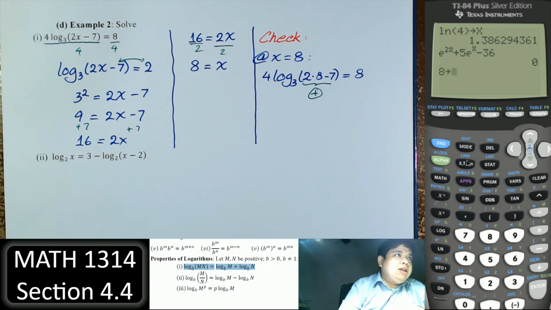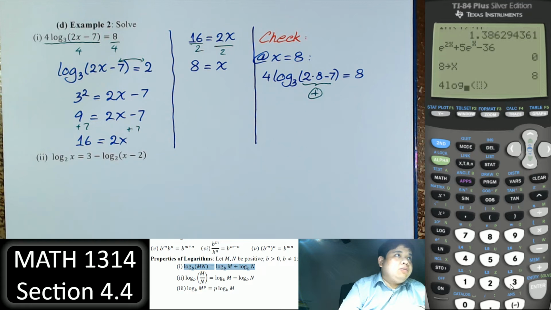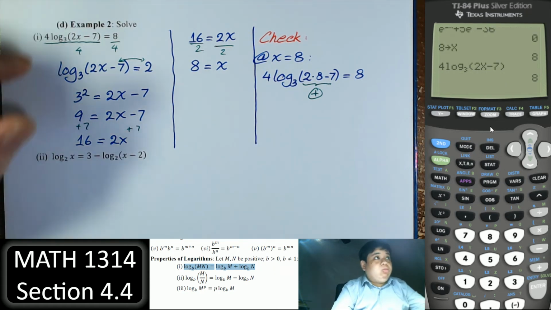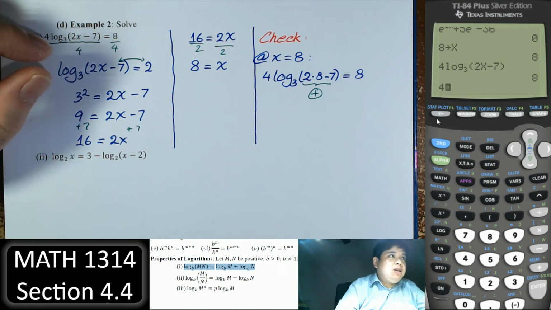We have 8. So for log base 3, if we want to enter that, it's under math. If we cannot type that, we can use the change of base.